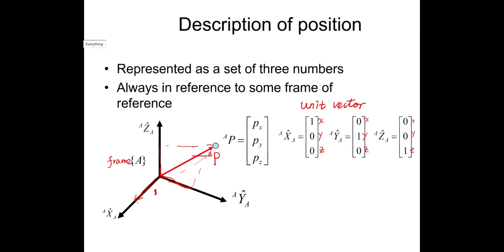Okay, so that is the definition of unit vector. So now we consider this P point in the A frame, in the A coordinate system, and the position of this P is Px, Py, and Pz. And now XAA, YAA, ZAA, and PA are all in the A frame.